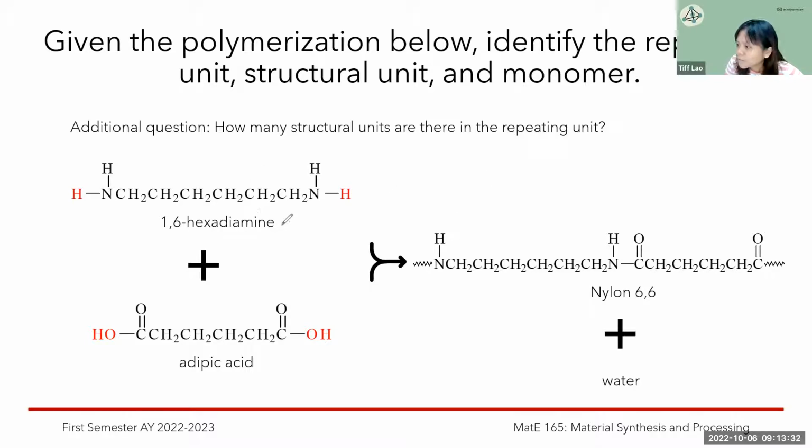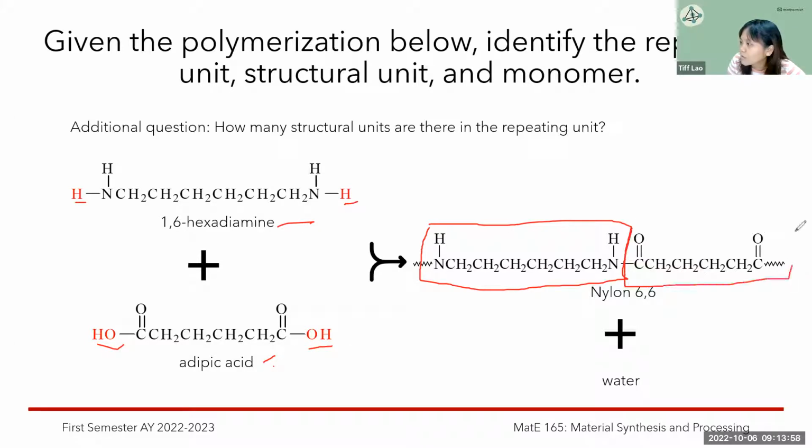So kapag nag-react yung hexadiamine at saka adipic acid, yung hexadiamine, mawawalan siya ng H. Tapos similar with adipic acid, pag nag-react yung adipic acid sa hexadiamine, mawawala yung OH niya, yung hydroxyl group, ito na lang yung mabubuo. So ano itong dalawang to?